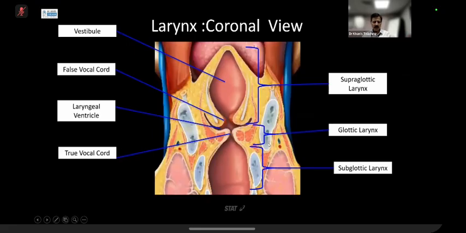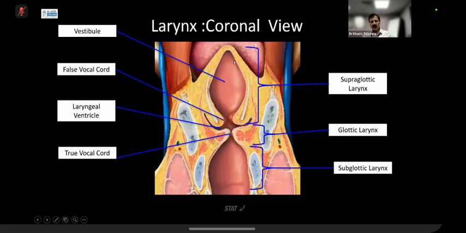Now, this diagram is very, very important, because now we are dividing the larynx into three parts. This is a coronal diagram, and this portion where the vocalis muscle is, is known as the glottic level. So this is the glottis, or the true cord level. This is the glottic larynx.